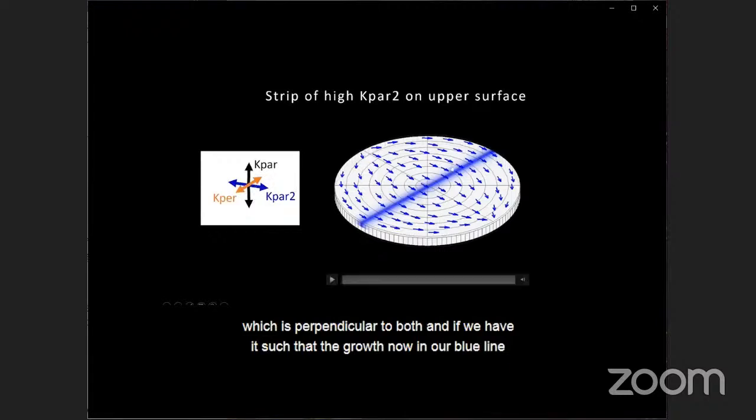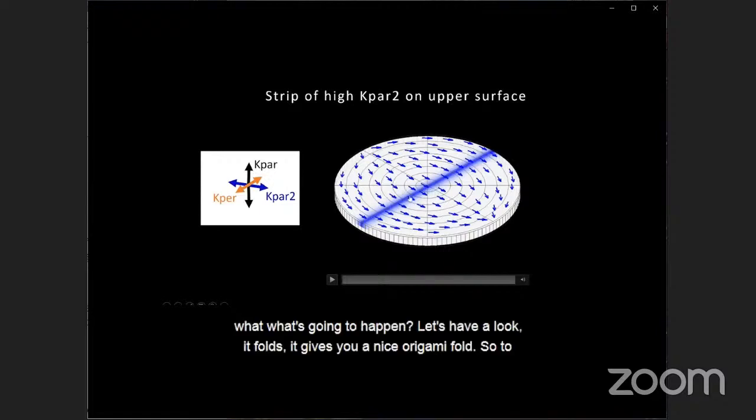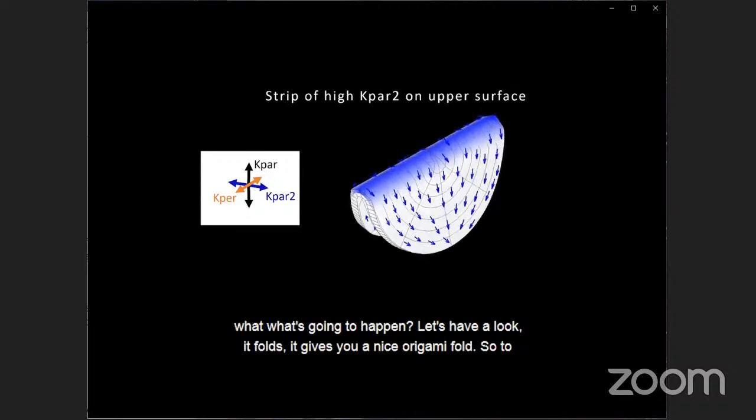And if we have it such that the growth now in our blue line, which is on the top surface, only happens parallel to the blue arrows, parallel K-par2, in other words, what's going to happen? Let's have a look. It folds, it gives you a nice origami fold.